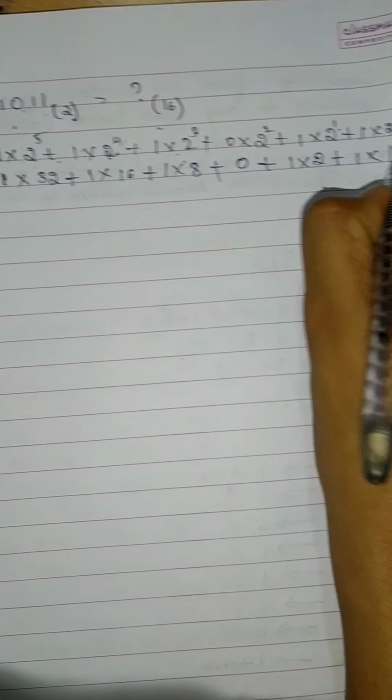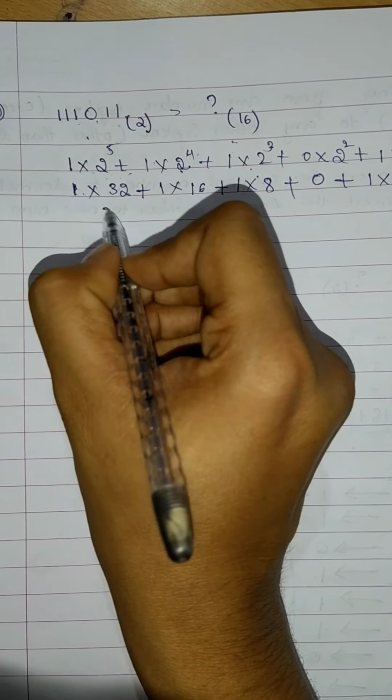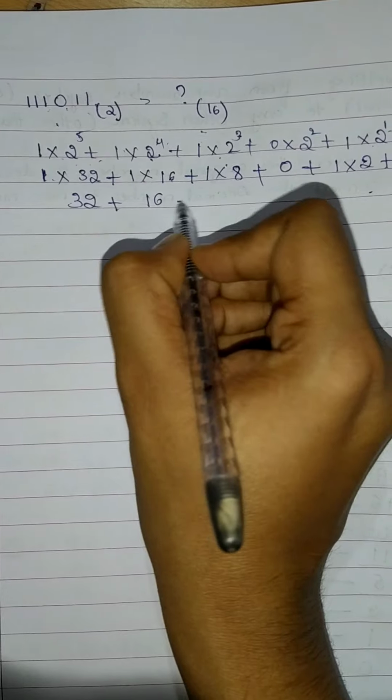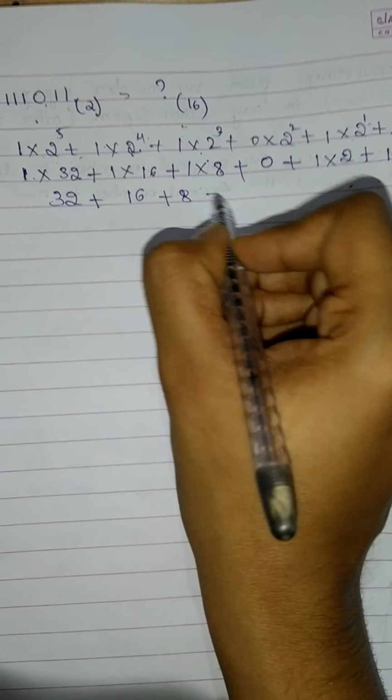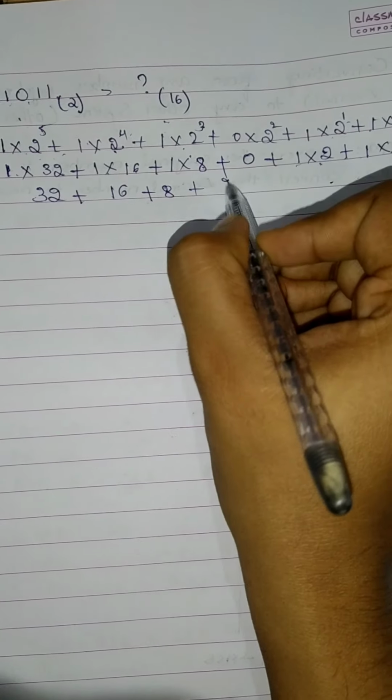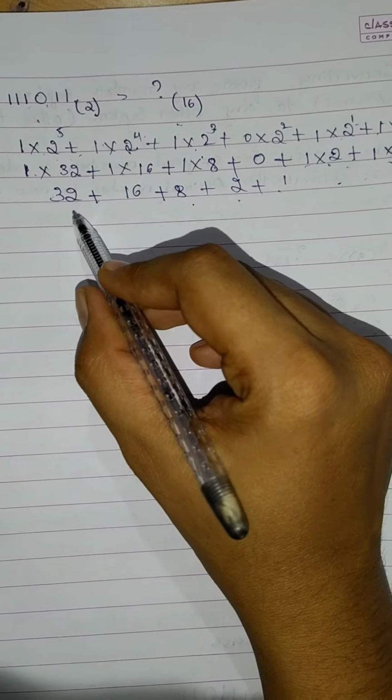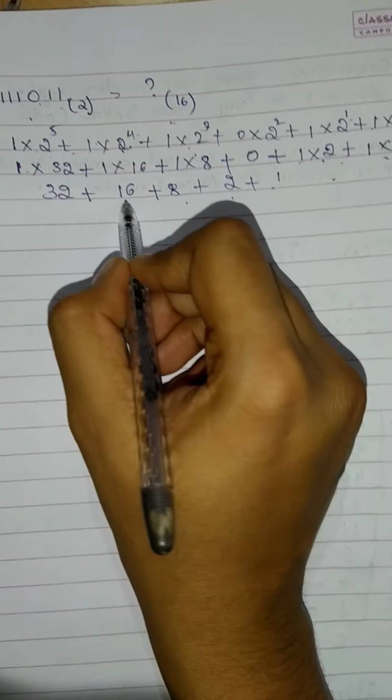So 32 plus 16 plus 8 plus 2 plus 1. Okay, 10, 11, then 11 plus 32 plus 16.